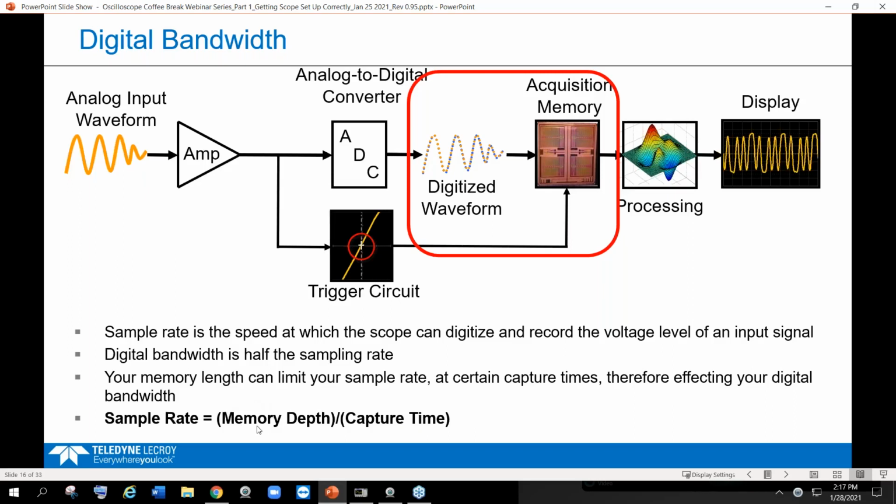And if you look at your memory length, these two define that ratio, the sample rate. So you either have to reduce your capture time to maintain your sample rate, and therefore maintain your digital bandwidth, or you have to increase your memory. And that is very important to do.